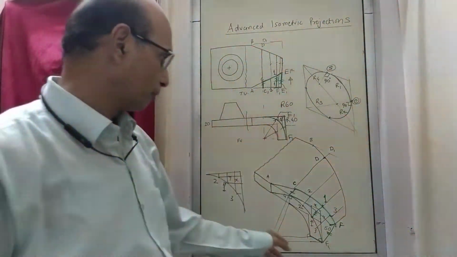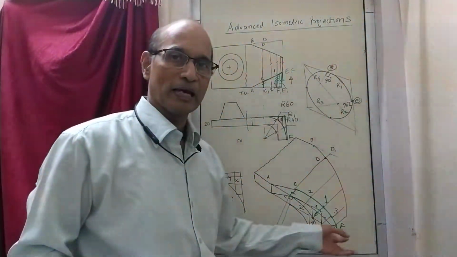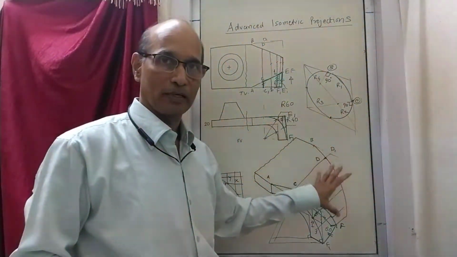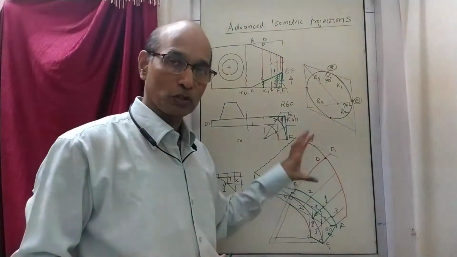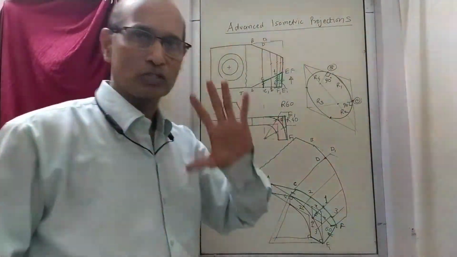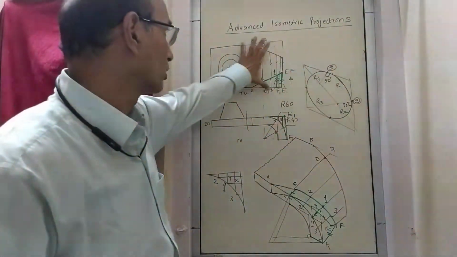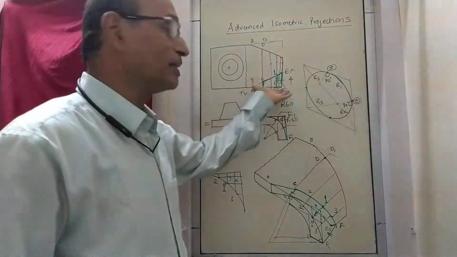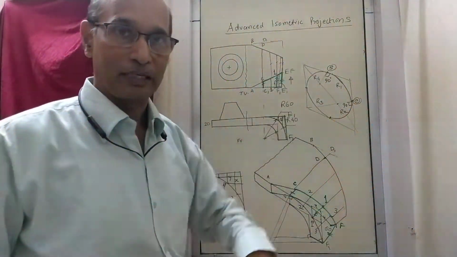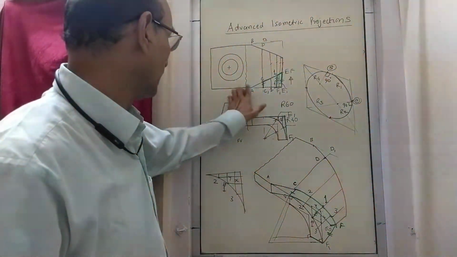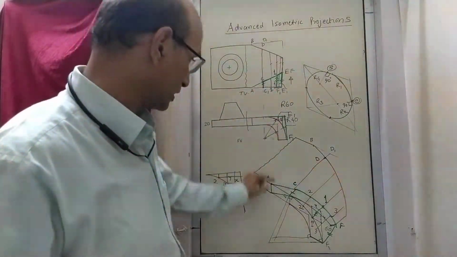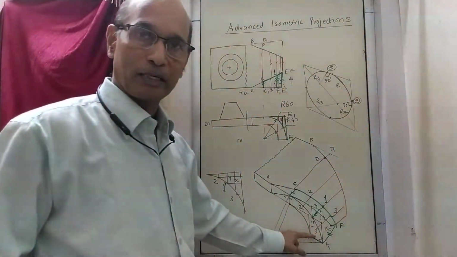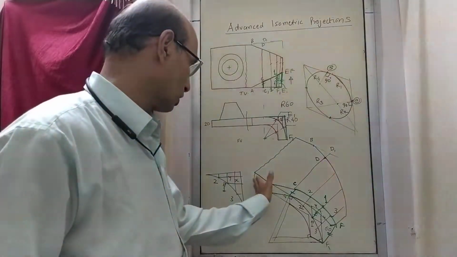Okay. So this is the part which makes this exercise a part of advanced isometric exercise. Okay. So this was not done by you earlier. Earlier what was done was where the objects were drawn in such a way that their planes were isometric planes. Say for example, this plane which is there, this plane which is there, is an isometric plane. Here this is also isometric, this is also isometric.